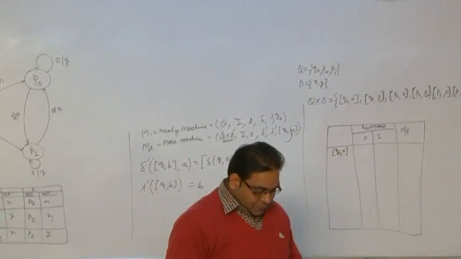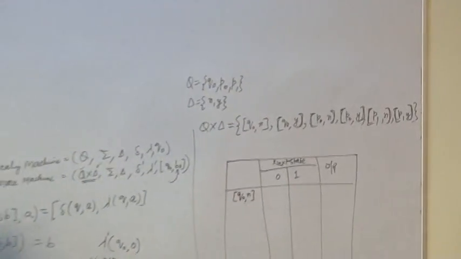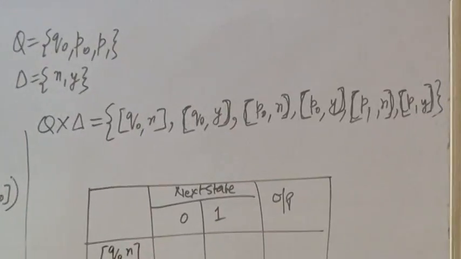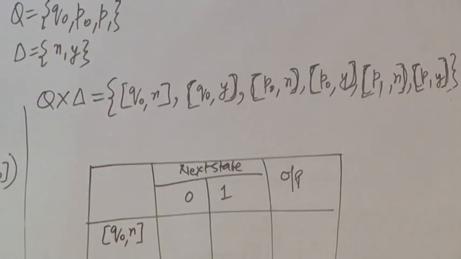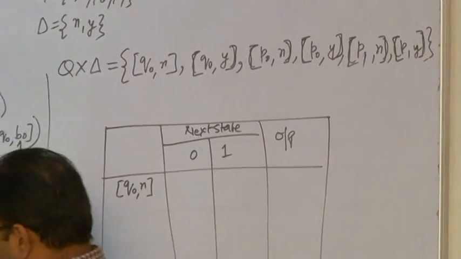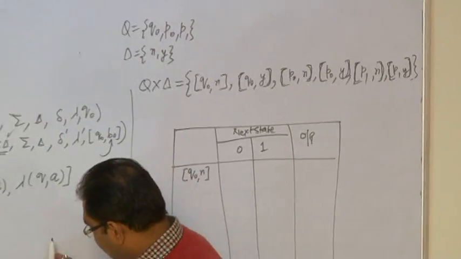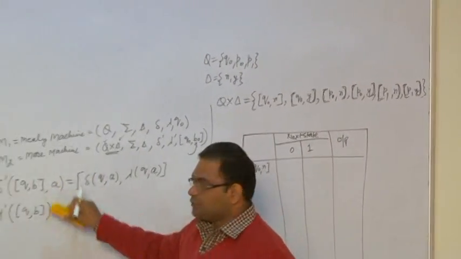Use these formulas and let me know how it is finding the values for the next state and output.